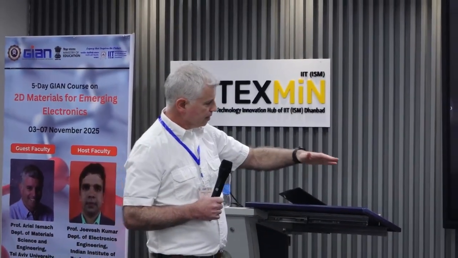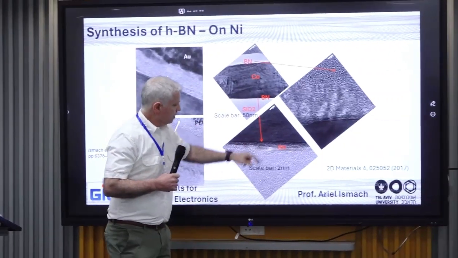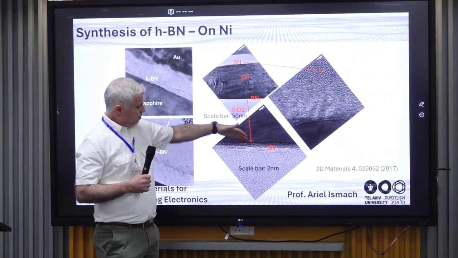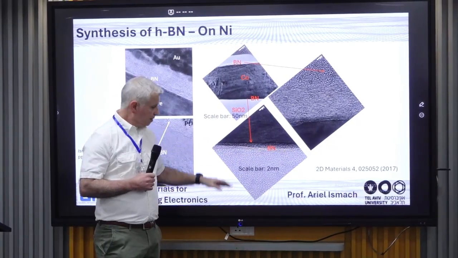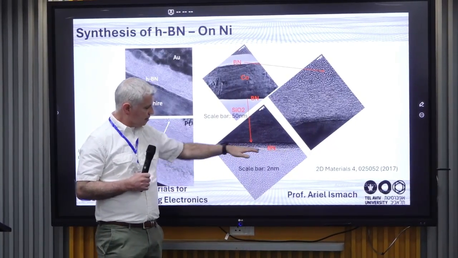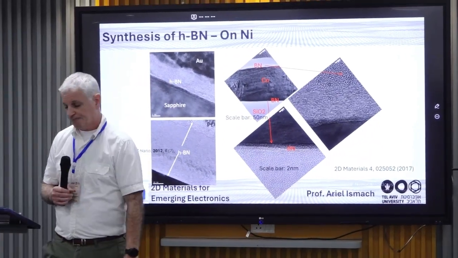So in this case, if you have a direct formation of HBN on top of the dielectric, this is the dielectric, this is the metal, then what you can do is just to etch the metal away and expose basically the bottom HBN layers on top of the dielectric in order to use it.